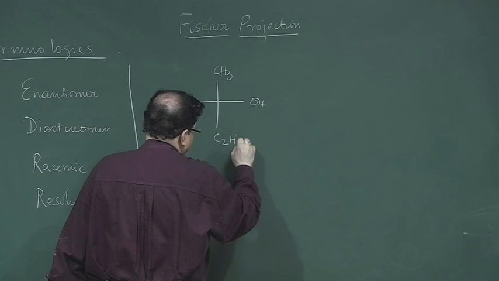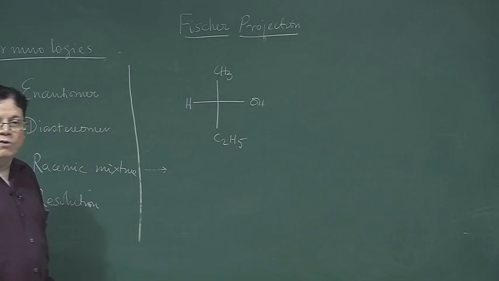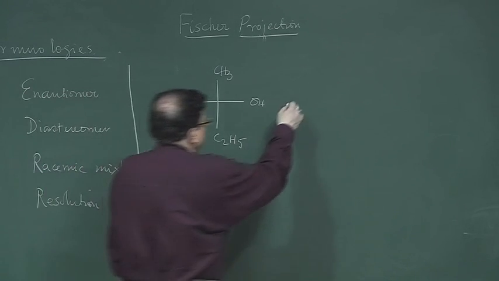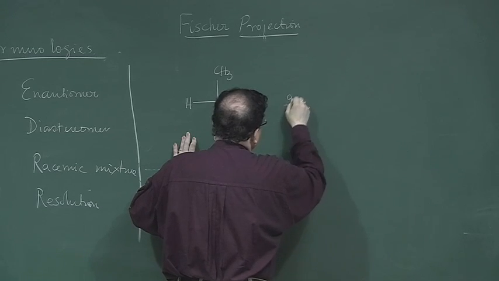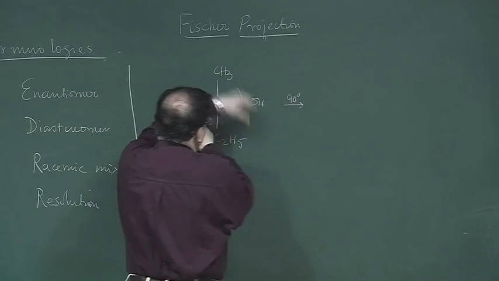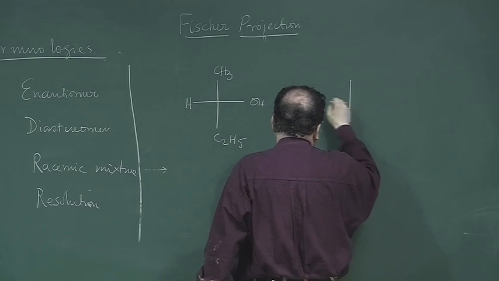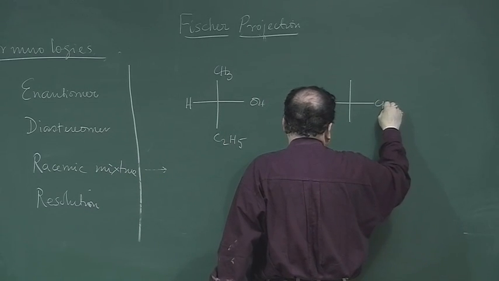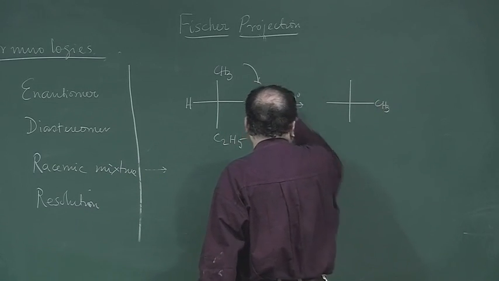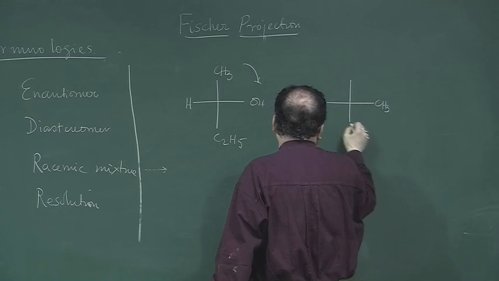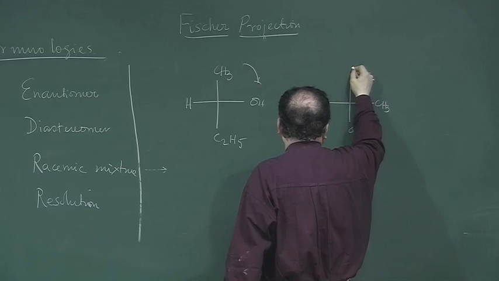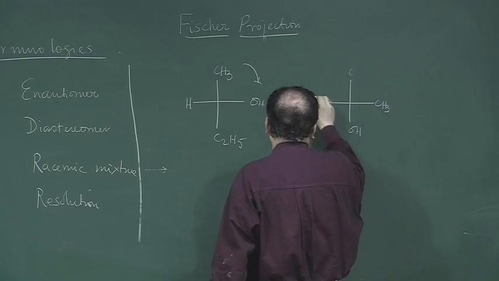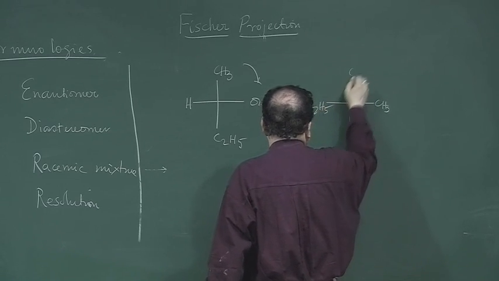Now, if you say that I will rotate this whole thing by 90, what will happen? Methyl will come here, H will be there, and C2H5 will be there, and this will be your H.